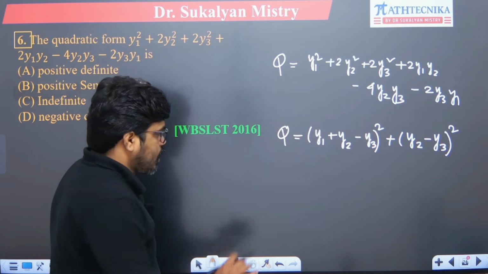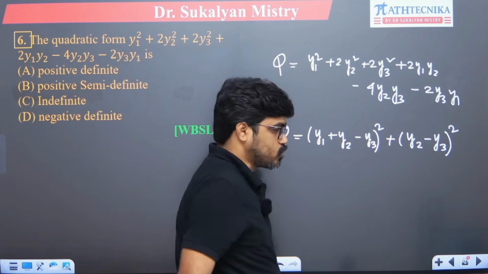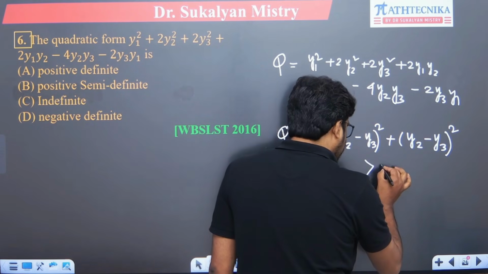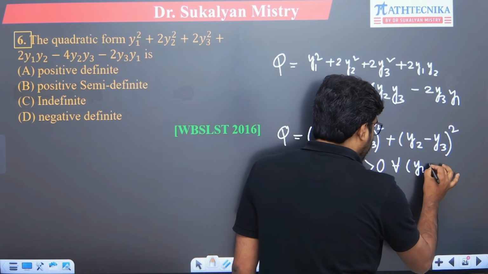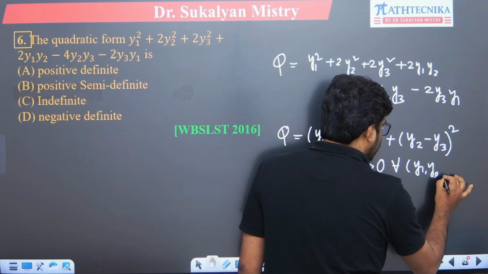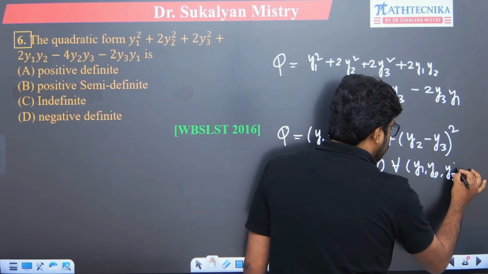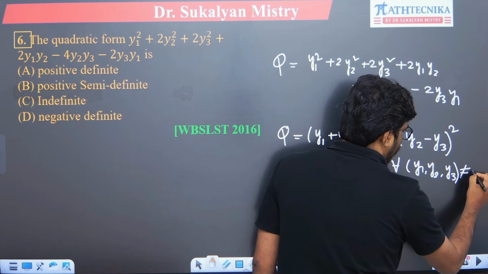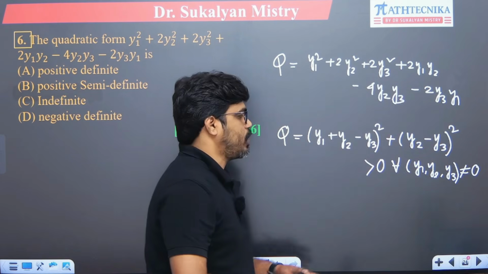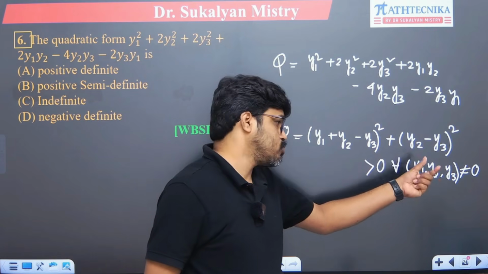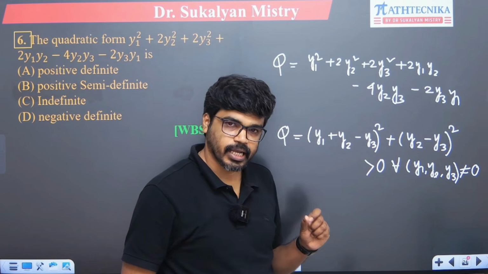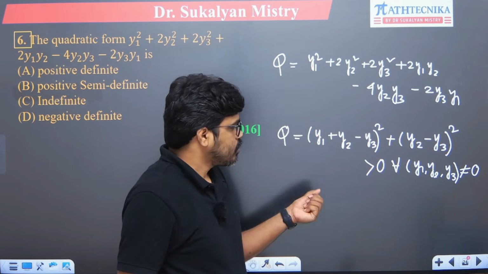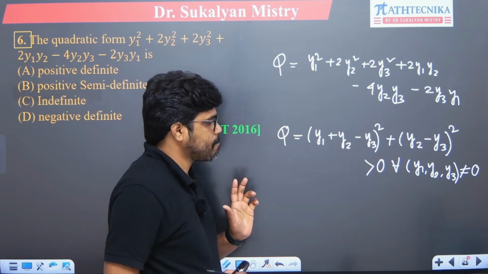Okay, now this is square, this is square, so that is greater than 0 for all y1 y2 y3 not equal to 0. That means if the values of y1 y2 y3 are not 0, that must be positive. Clear?